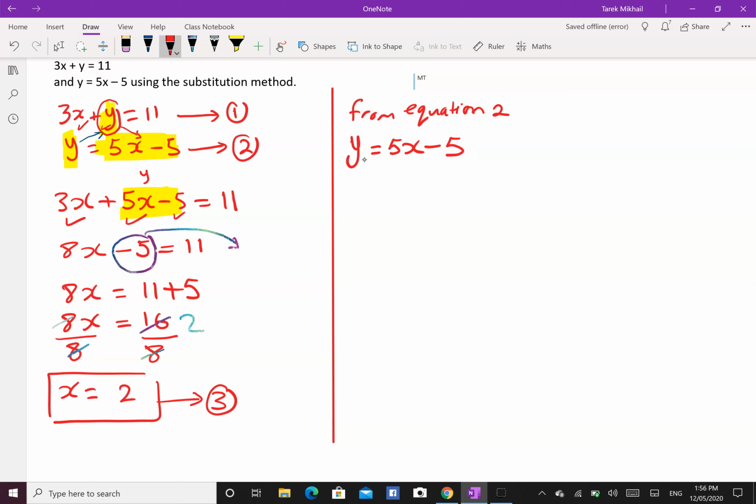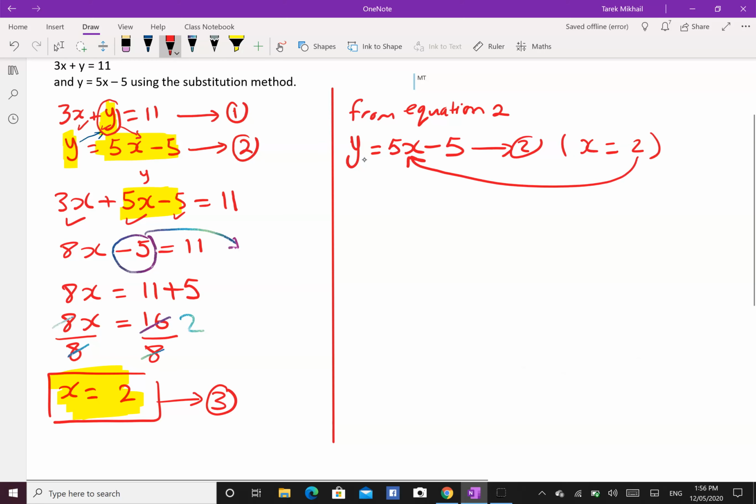Now I've got x equals 2 from here, so I'm going to substitute this into equation 2. I'm going to put this one in here. 5x means 5 times x, so y equals 5 times 2, instead of x, minus 5.